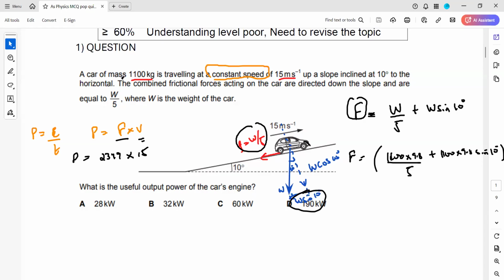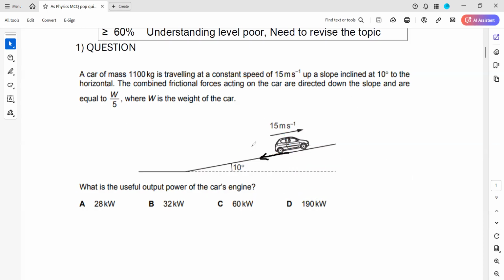Check this calculation here about the resultant force. I think some calculation mistake was made. When you're finding the force, it is equal to W by 5, the frictional force, and the component against the motion, that is W sine 10.